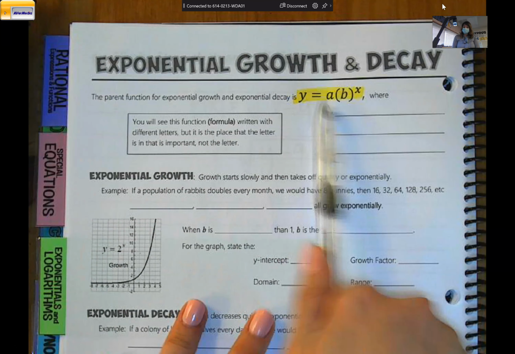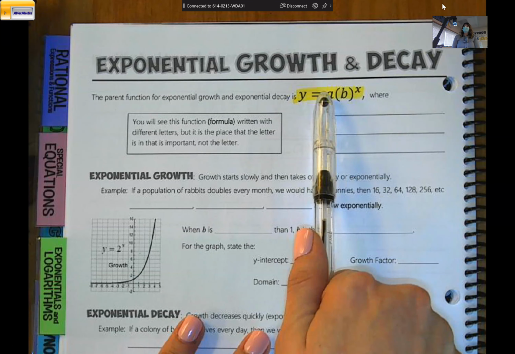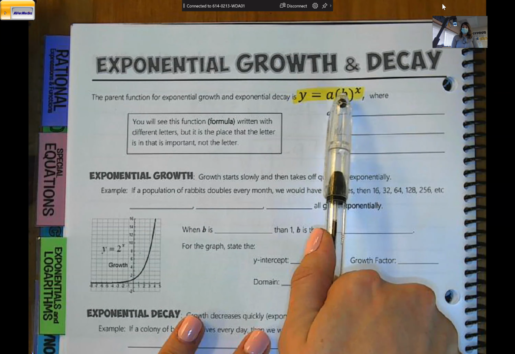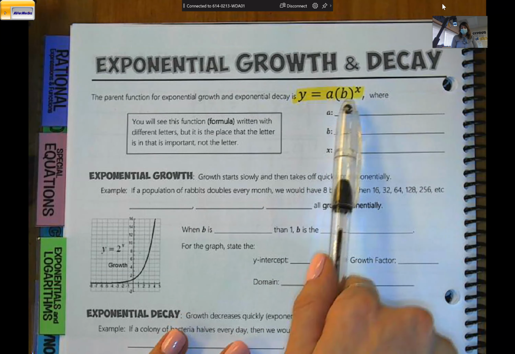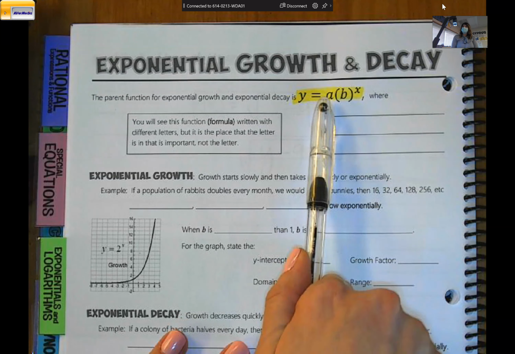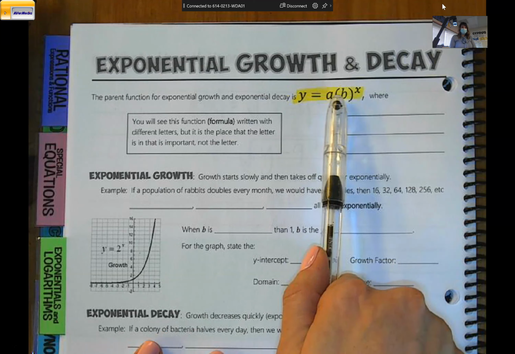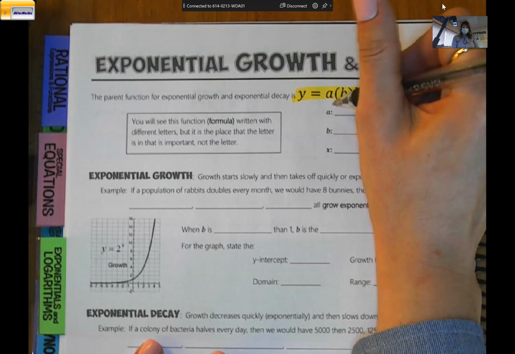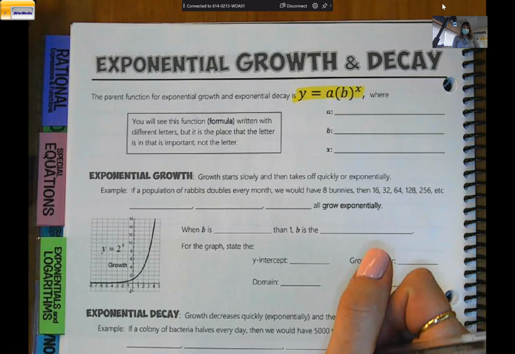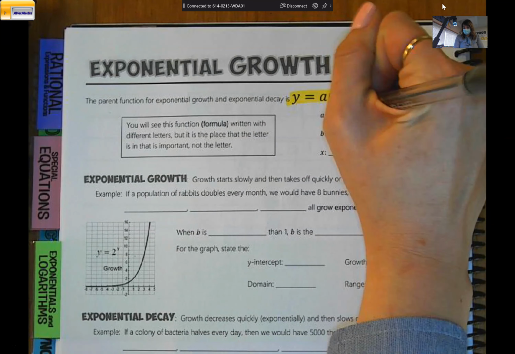So we're not going to get so focused on that this should be A and this should be B. What we want to pay more attention to is whether there is a number in the front, and what our base number is.